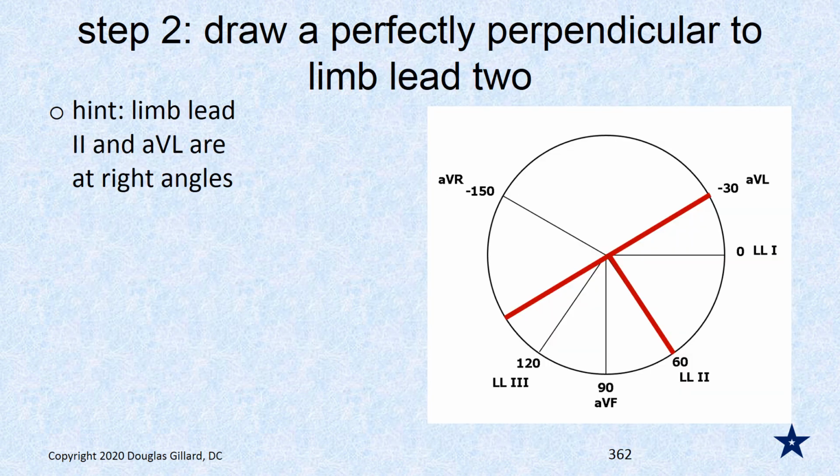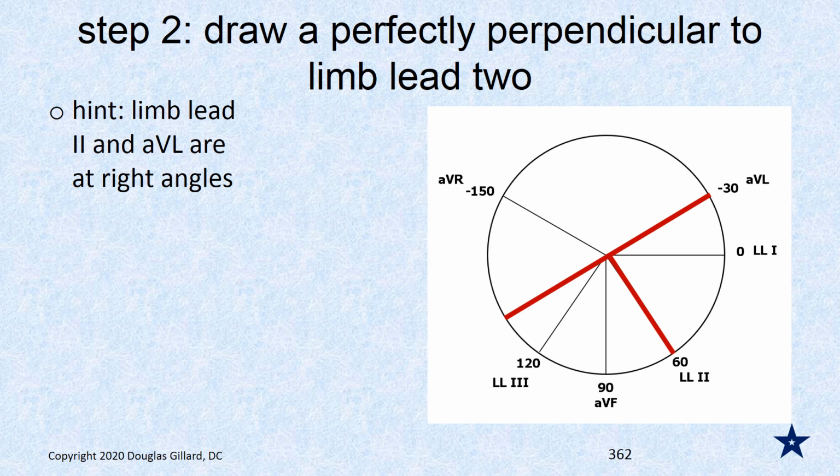Step 2, draw a perfectly perpendicular to limb lead 2. What I'm trying to say is, using the angle of orientation of limb lead 2, draw me a perfectly perpendicular running mean electrical axis.